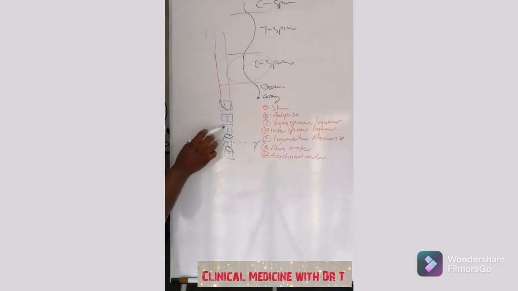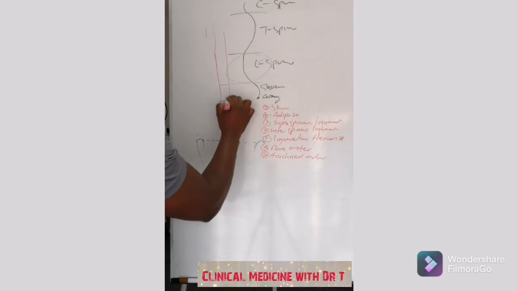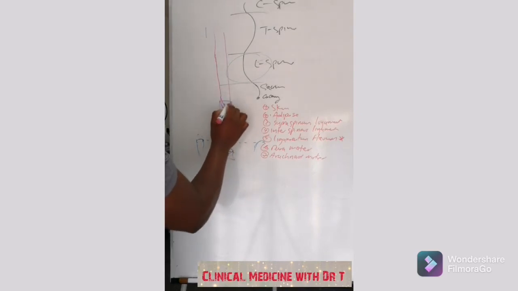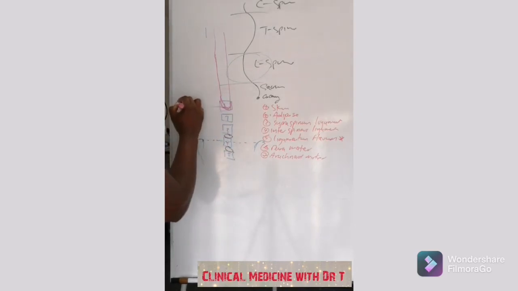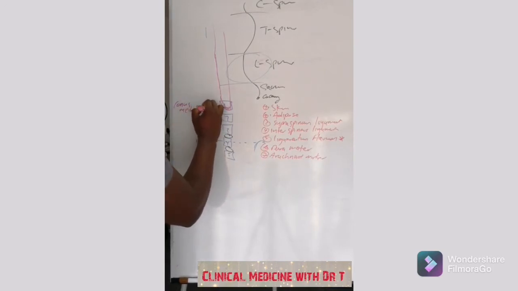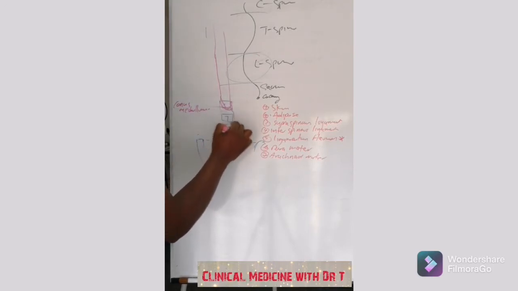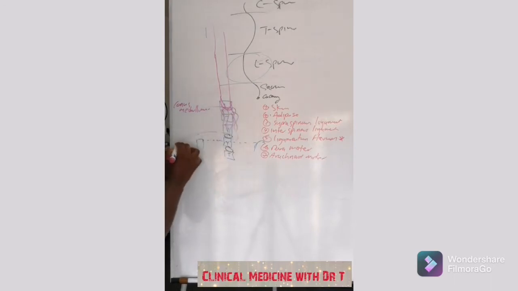That's why we run away and go to L3. So this would be where it terminates. They call it the conus medullaris. And from there, you get those fibers that keep going, which is your cauda equina.